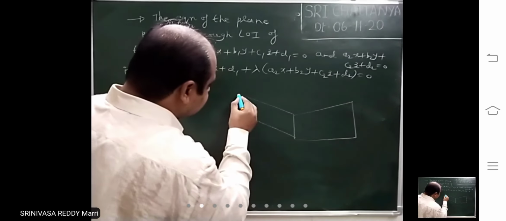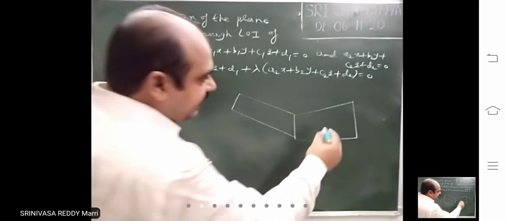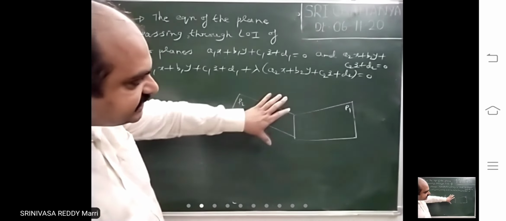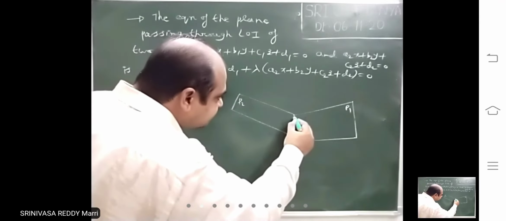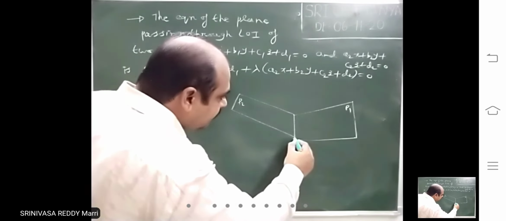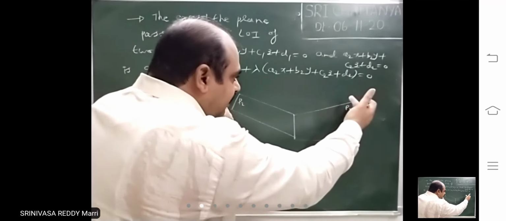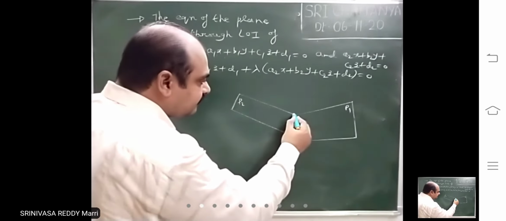These are two planes, let us say plane 1 and plane 2. Now I am drawing a plane which has the same line of intersection. I am drawing a plane such that for the plane I am drawing and for these two planes there will be a common line of intersection.